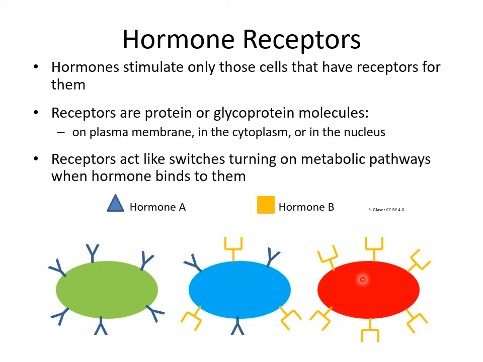And the reason why the red one will not is because it doesn't have a receptor for hormone A. On the flip side, if instead the person is not producing hormone A, they are only producing hormone B, the red cell will respond, the blue cell will respond, but the green cell will not because it lacks a receptor for hormone B. The only cell that is capable of responding to both signals is this middle blue cell because it possesses the receptors for both.